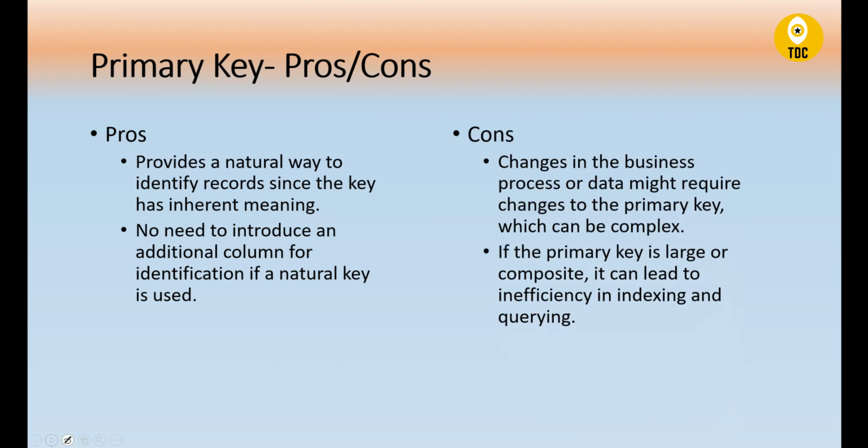What are the cons of using it? Sometimes there might be changes in the business process, or the data might require changes in the primary key, which can be complex. For example, in the current system there will be a product table, and for each product ID they might have a naming convention like PR_001, PR_002, PR_003, something like this, right?